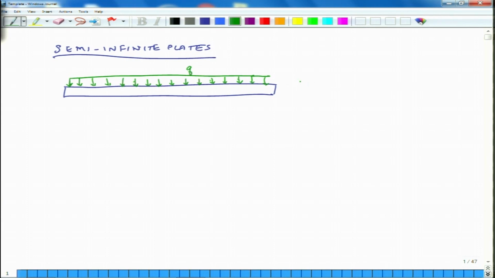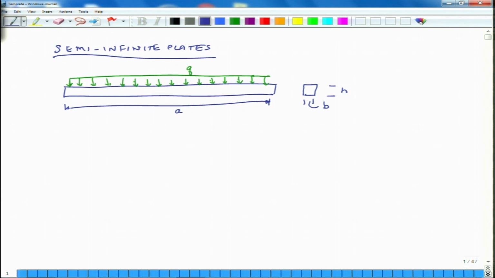If I look at this plate from the other end, it will look like this. This dimension, the width of the plate, is b, the length of the plate is a, and the height of the plate, let us say, is h.